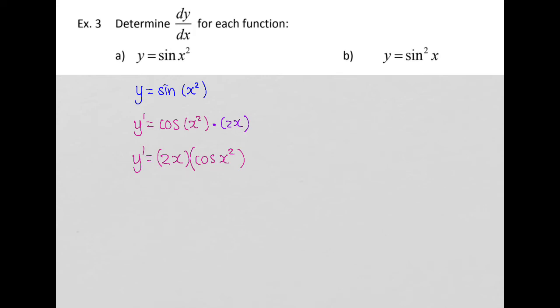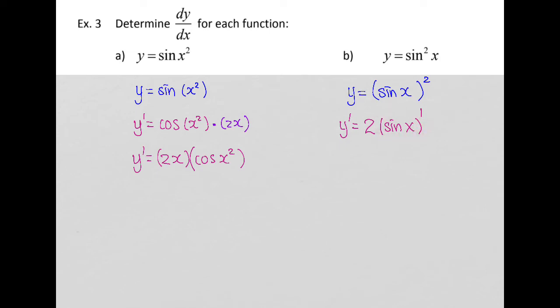For part B, this really means this. y equals sine x, the whole thing squared. So whenever you see the exponent is in the middle, that means the whole thing squared. So when I do the differentiation, it actually applies the chain rule. So you bring down exponent 2, don't change the base, to the exponent 2 minus 1 is 1, and then you times by differentiation of the base.